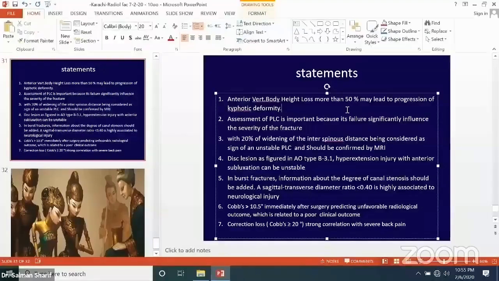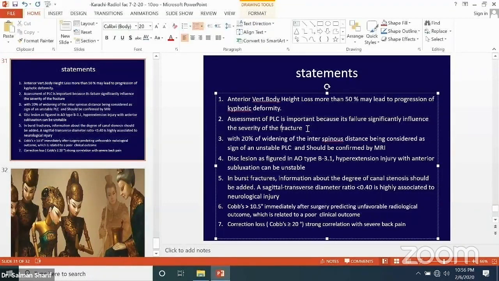Number 2. Assessment of PLC injury is important because its failure significantly influences the severity of the fracture. But we are talking about the outcomes, so radiology and outcomes.